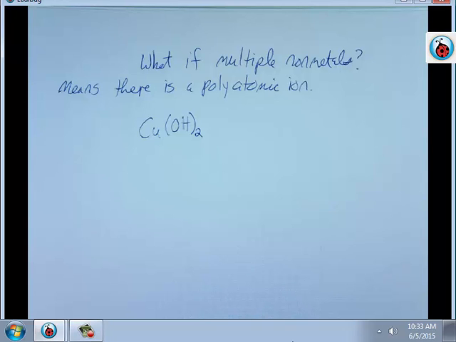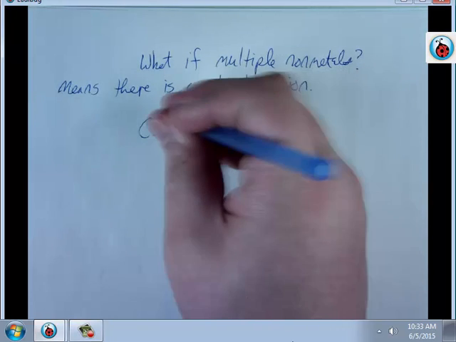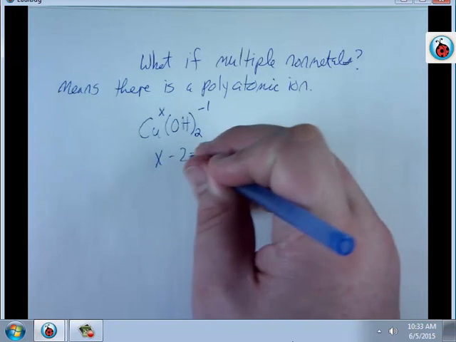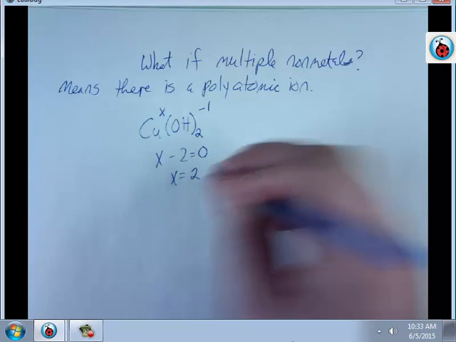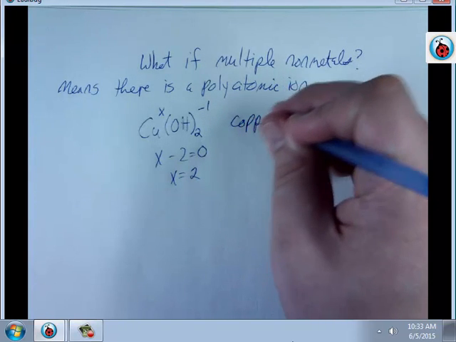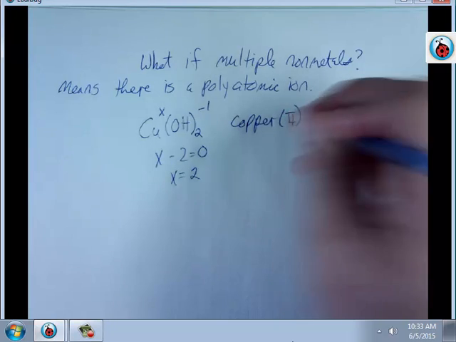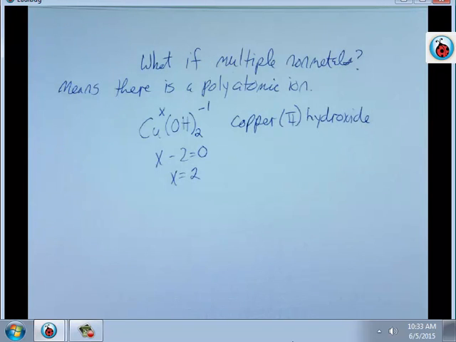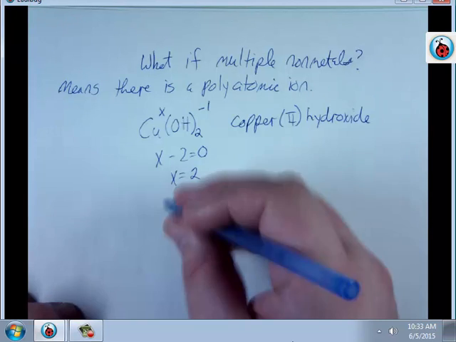Set this one to X, and if I multiply down, I get X minus 2 equals 0, so X equals 2. This is copper 2 hydroxide. Same process, the only thing that's really changing is where you look up your information. It's also a little bit more complicated, but it's not so much so that it should be an issue.